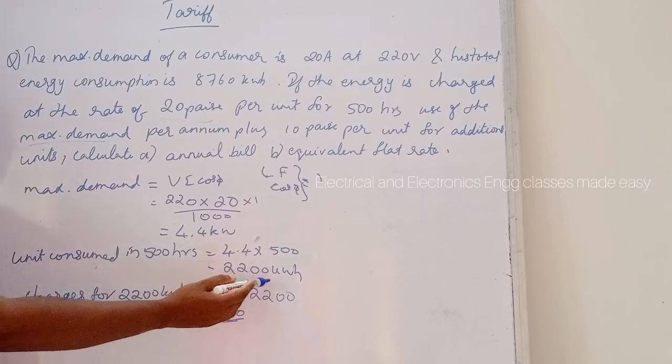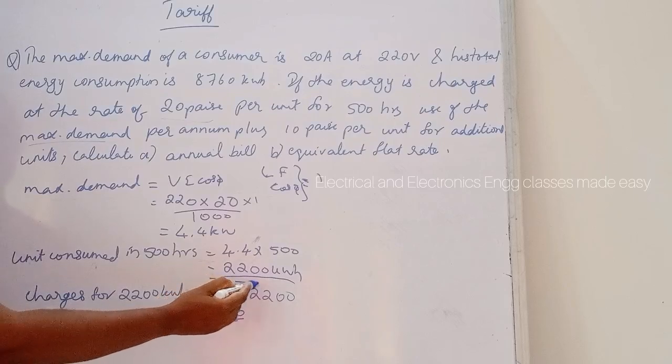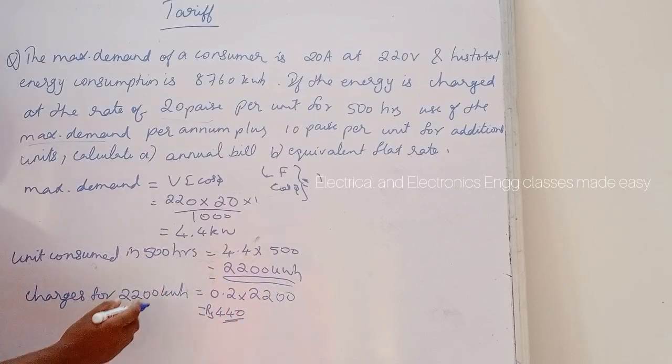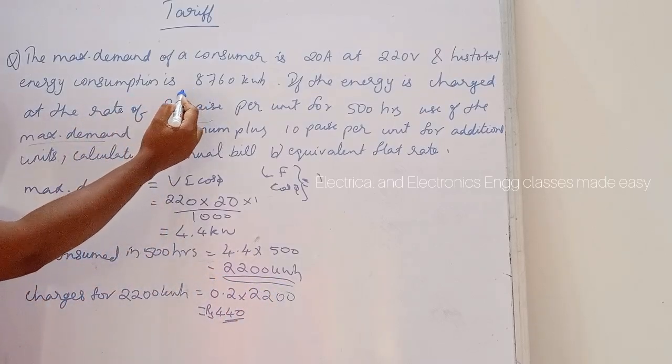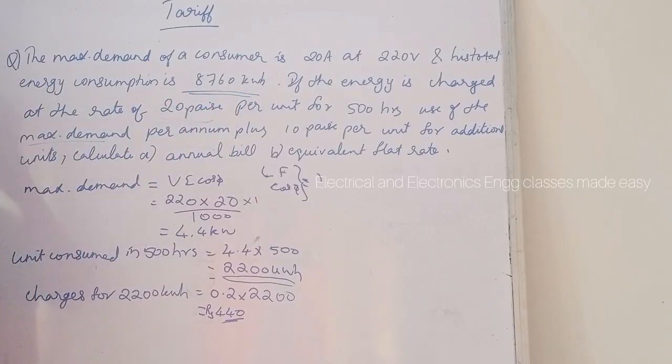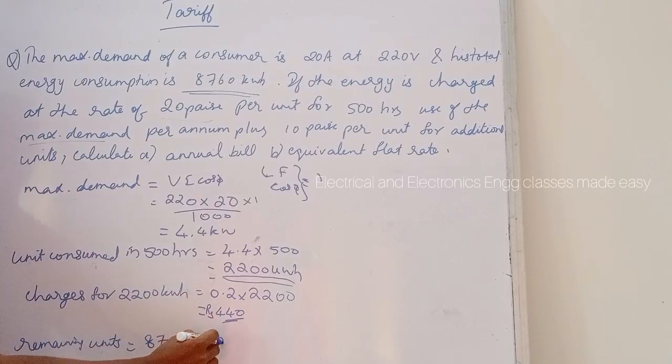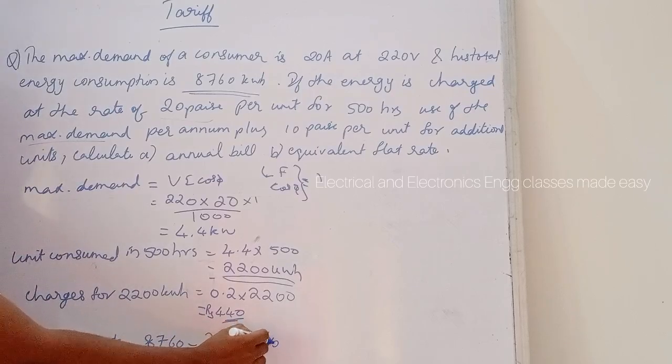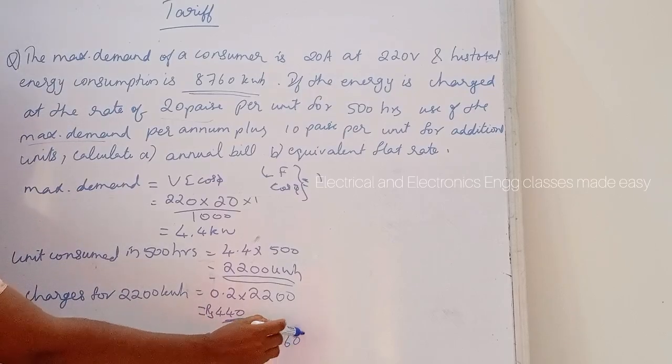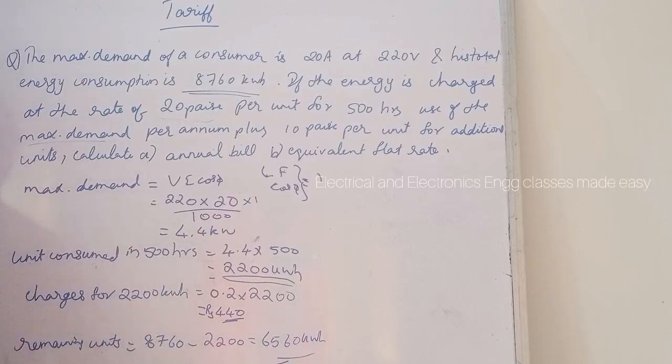Now this is the unit used for 500 hours. It is given that the total unit used is 8760 kilowatt hour. So the remaining units are equal to 8760 minus 2200, and that is equal to 6560 kilowatt hour.